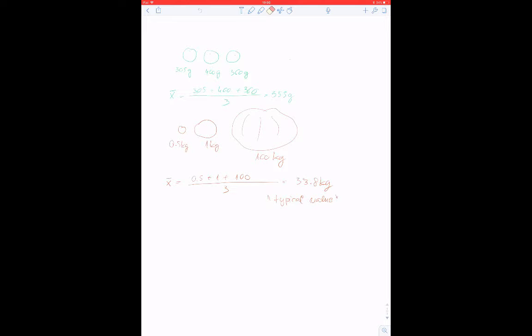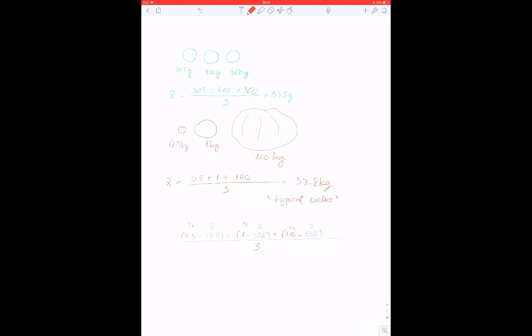And let's write it in the following manner. So we have now 0.5, this is x1, minus the average pumpkin weight, plus 1, this is x2, minus 33.8, which is x bar, plus 100, this is x3, minus 33.8, and this is again x bar, and divided by 3.